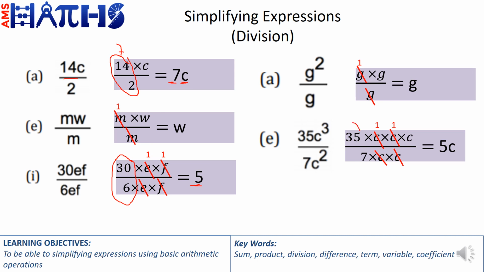We divide 35 by 7 to get 5. The c divides c to get 1, another c divides c to give 1 again, so we're left with a single c. So it's 5 times 1 times 1 times c, which gives us 5c.